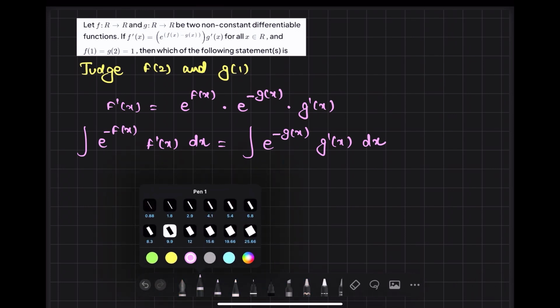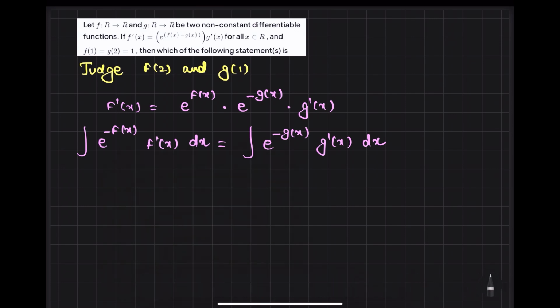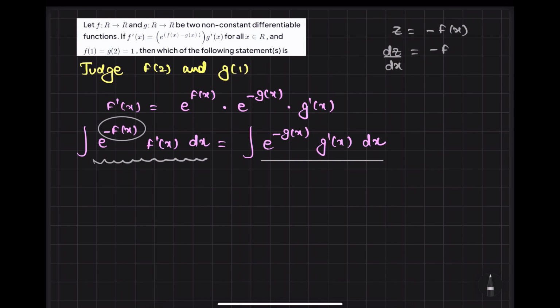Okay, now look at this. You know that both are appearing to be same. So the way we will handle this, we will handle the same way this component. Correct? So what I will do, I will take this component as z. So z is minus of f of x. Let's do the differentiation with respect to x. So dz by dx equals minus f dash x.